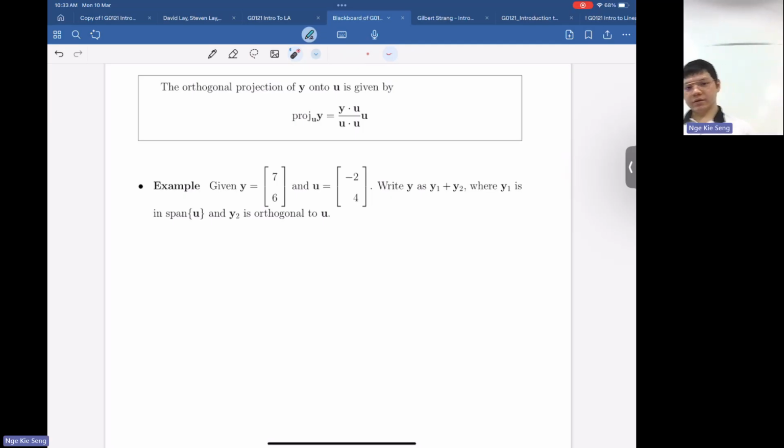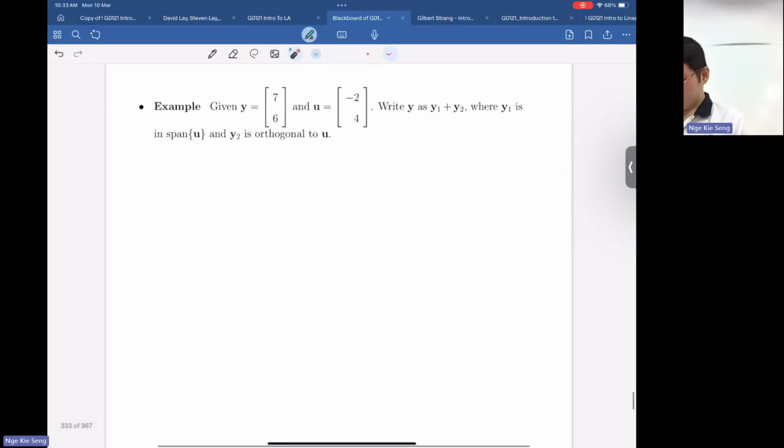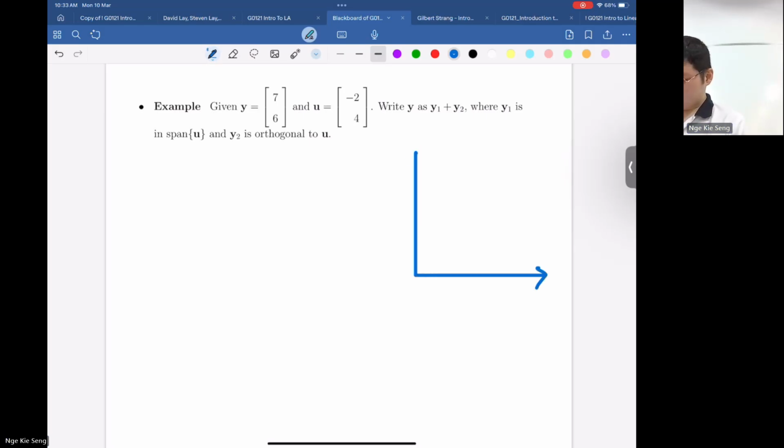Okay, so how do you do this question? You can do this question conceptually. If you pick y and u, what's your y and u? 7, 6 is in the first quadrant here.